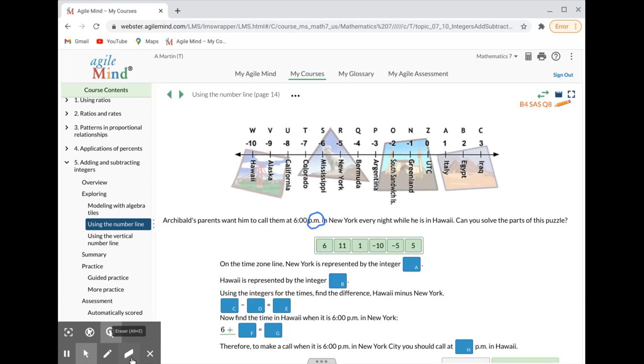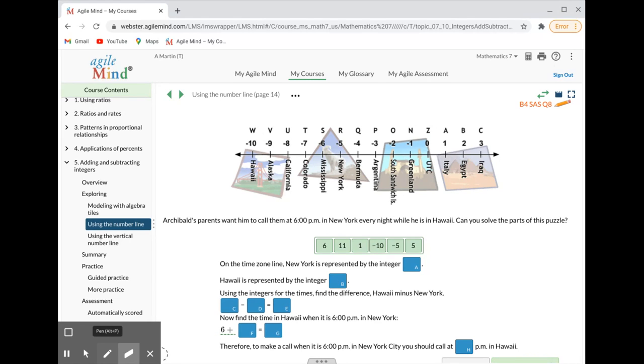All right, here we go. So take a look at this last problem we got right here. Miss Satari, will you read this for us, please, ma'am? Okay. Archibald's parents want him to call them at 6 p.m. in New York every night while he is in Hawaii.